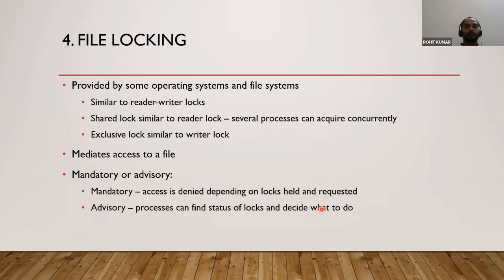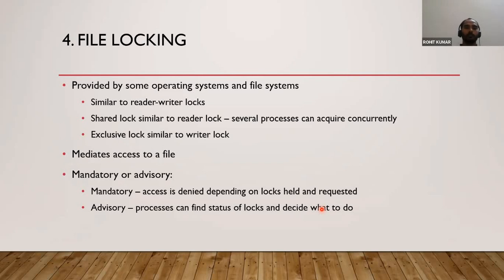If some process has a shared lock on a particular file, meaning it is trying to read that file, then it is not necessary to prevent another process from having a shared lock, but it is advisory that you wait for some moment, and after the first process finishes, you continue.